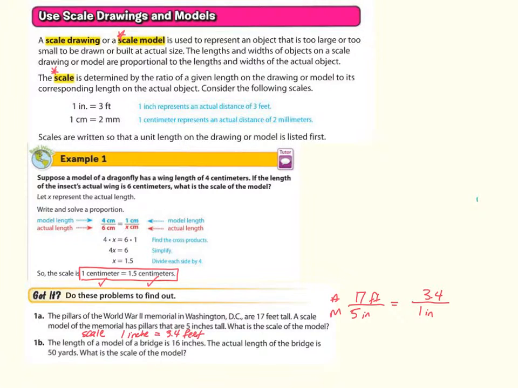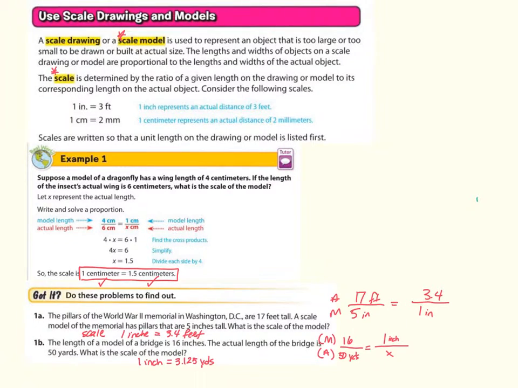Let's try 1B. Read it to yourself, set up your proportion or try to do it on your own, and pause the video when you're ready for your answers. Okay, so for your proportion, you should have had 16 as the model, represented as inches, and on the same level, you should have had the 1 inch to represent your model.